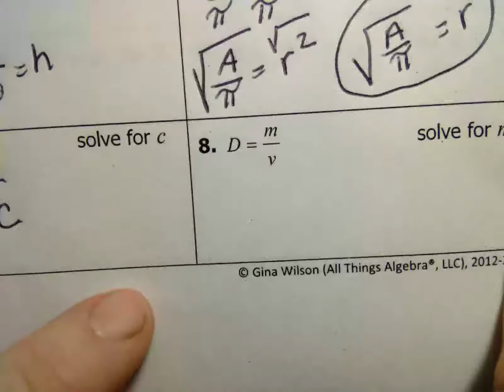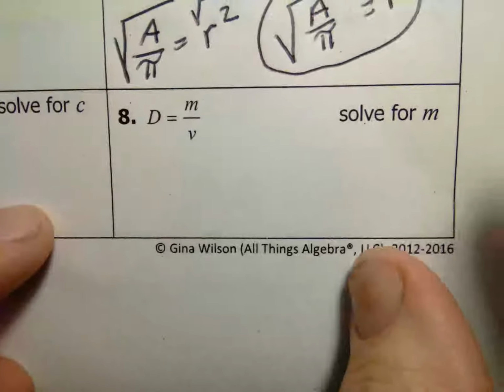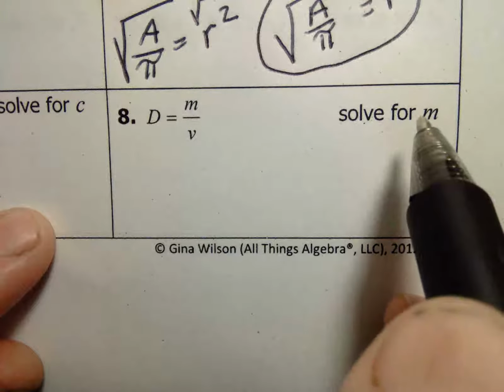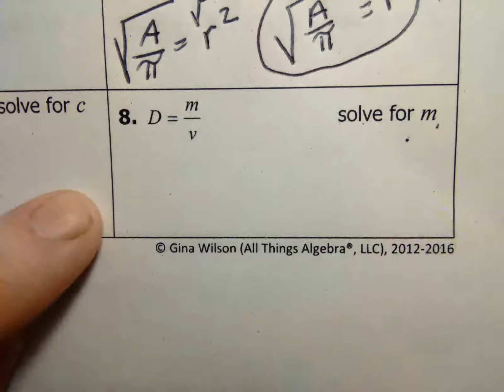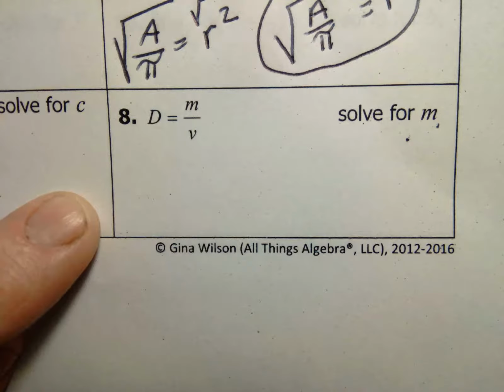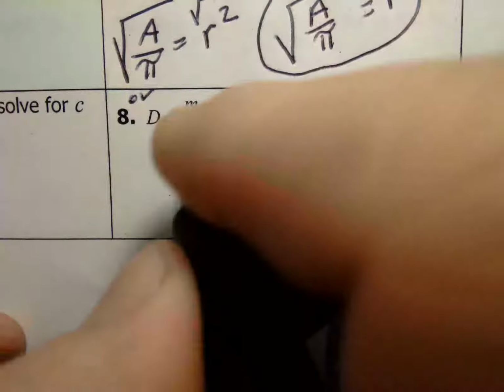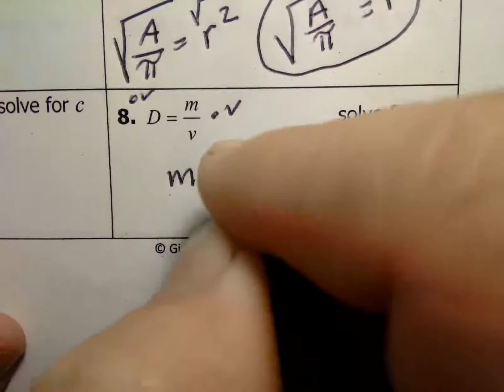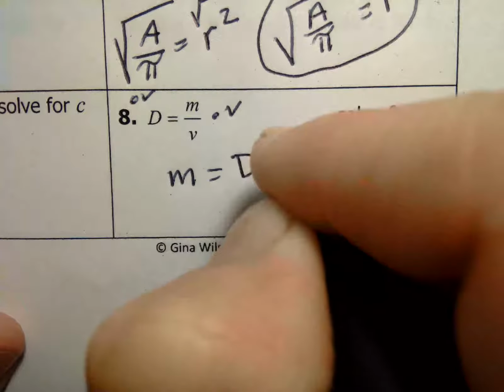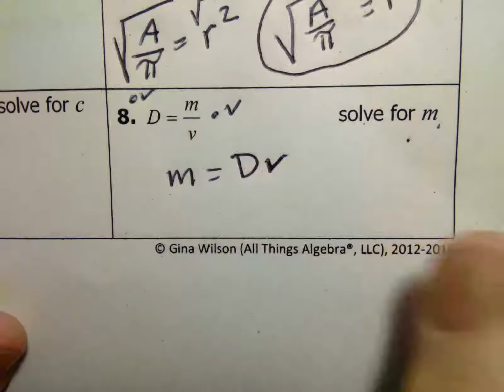Yeah, the next page is going to be a little bit more involved. How do I get m by itself? See, this isn't that difficult, is it? Again, it's not difficult, it's just confusing.